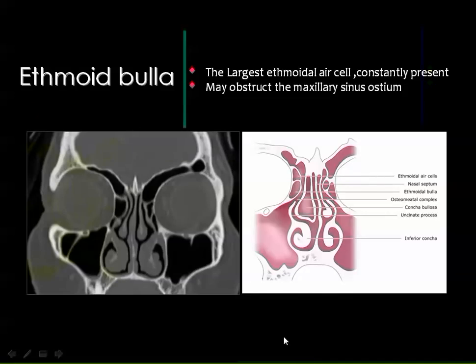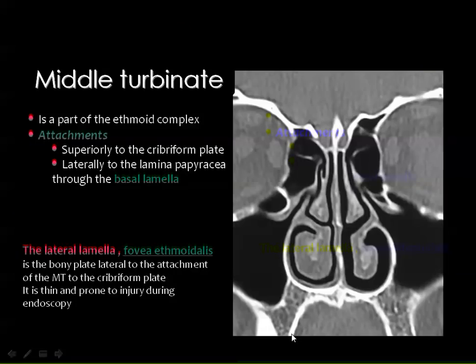Then the ethmoid bulla is the largest of the ethmoidal air cells, which lies close to the ostium. And if you look at this diagram, this is the ethmoid infundibulum and the maxillary antral ostium, and this large cell in the ethmoidal air cells which is very close to the osteomeatal unit is known as the ethmoid bulla.